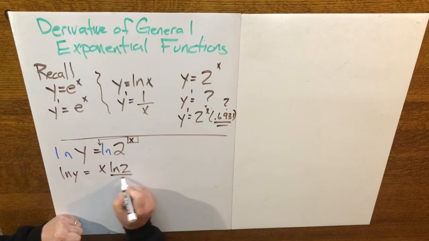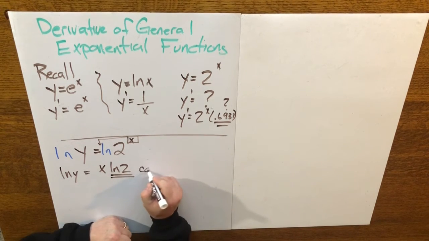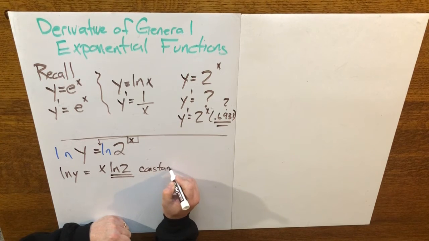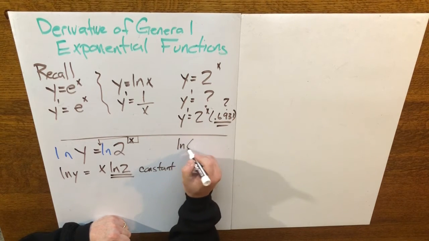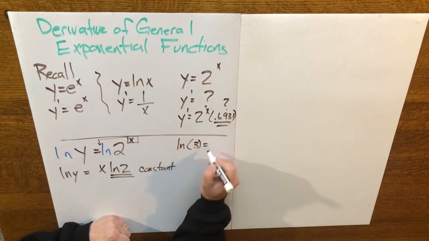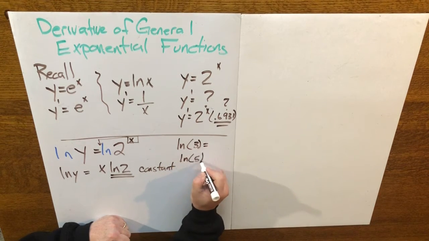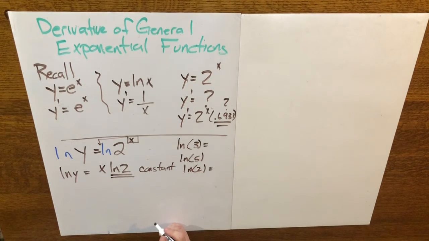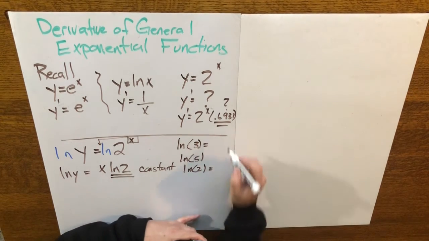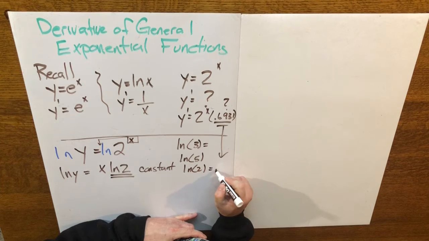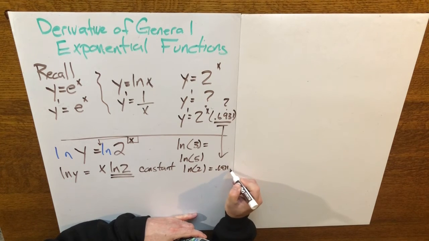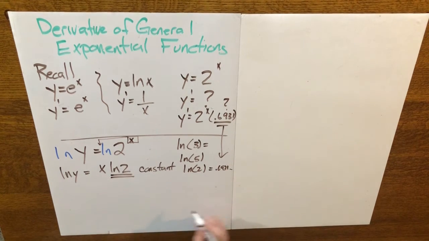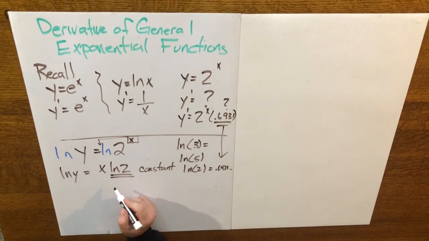Well, I want you to recognize that ln 2 is just a constant. You can type ln of any number in your calculator and get values for it. Ln 2 happens to be 0.6931, an irrational number that keeps going on. So remember that that is just a constant.